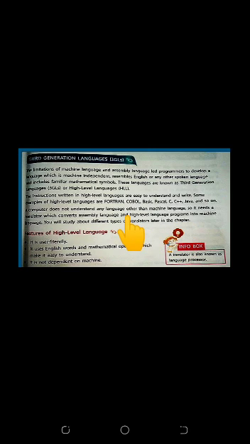So whenever you are writing the code with assembly language or with high level language, you need to convert it into machine language so that the machine can understand. For converting, we need translators. That I will discuss afterwards.